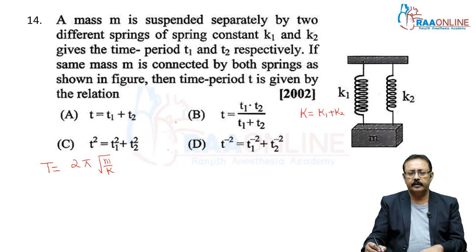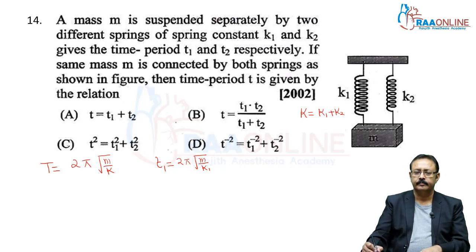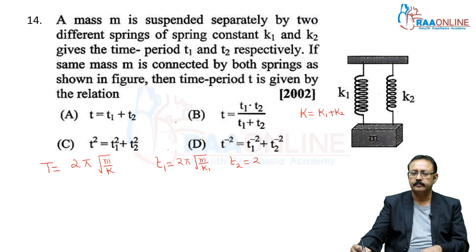So first, we put the mass on the first spring, and we get time period T1. So T1 was 2 pi under root m upon k1. Then for T2, we use the second spring for the same mass, so we will get 2 pi under root m by k2.